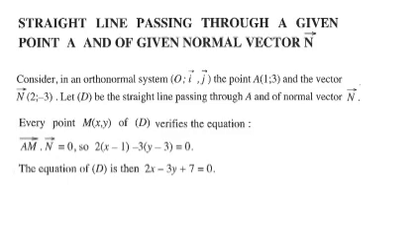Now, what if I have a straight line passing through a given point and of a given normal vector? What's the meaning of a normal vector? Actually, a normal vector is a vector which is perpendicular or orthogonal to the straight line D. It's very easy.